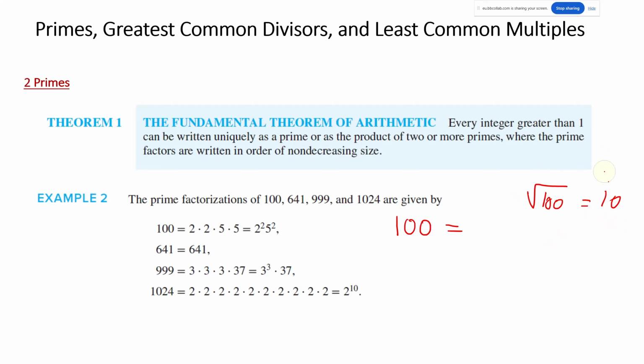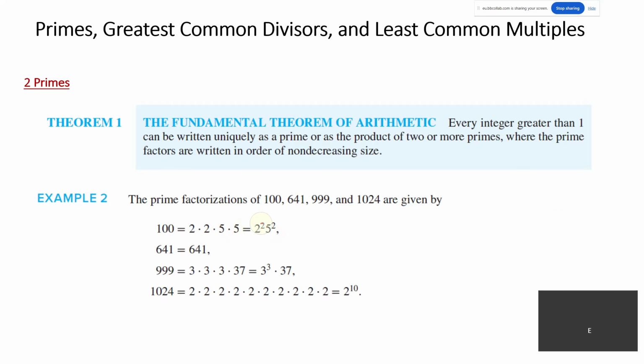That's the maximum. Of course, it cannot be equal to 10, because 10 is not a prime, so it's going to be smaller than 10. Because the square root of 100 is the same as the square root of 10 times 10, which is 10. So that's what it says, and we can see that it's always going to be the case.